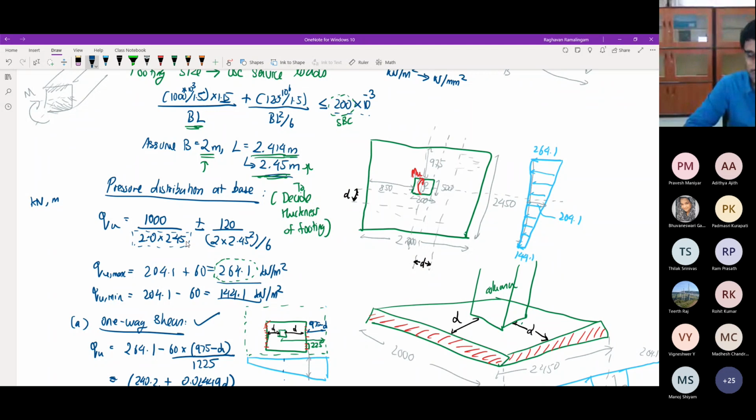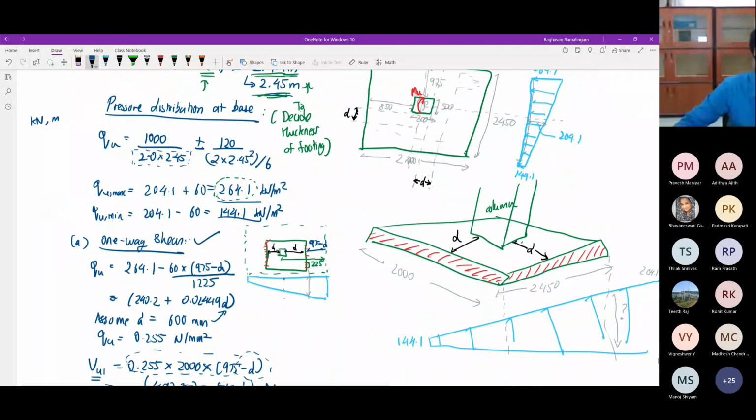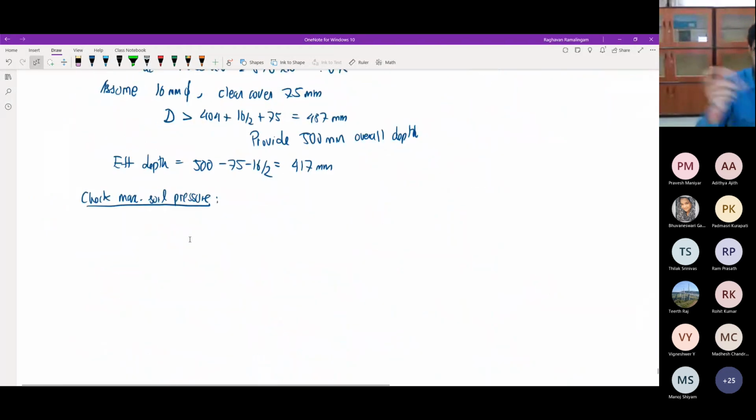But again, we want to recheck it because now we have given a certain depth for the footing. So it's a good idea to once again check whether service load pressures are coming lesser than the SBC.